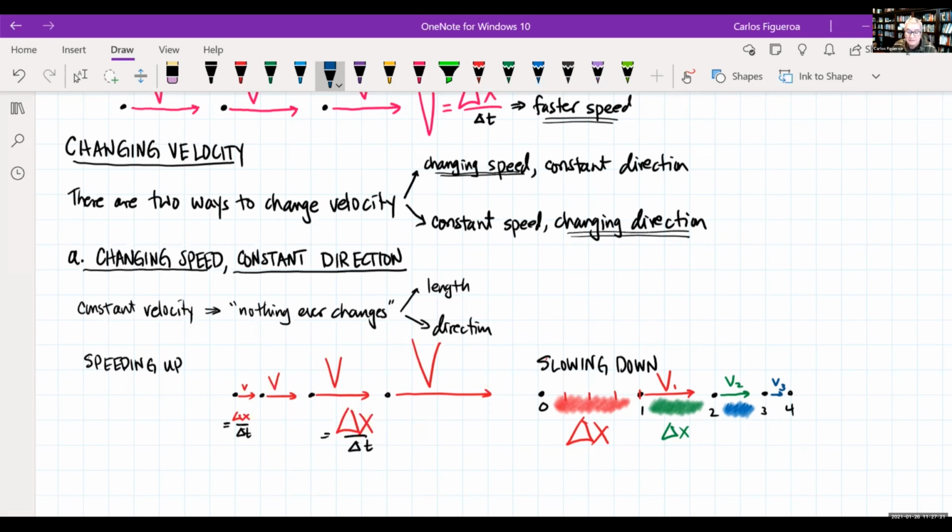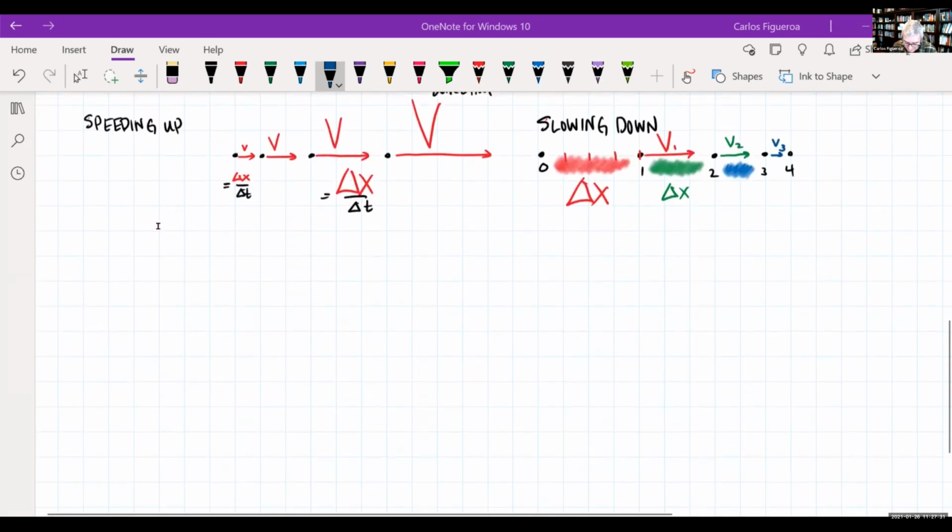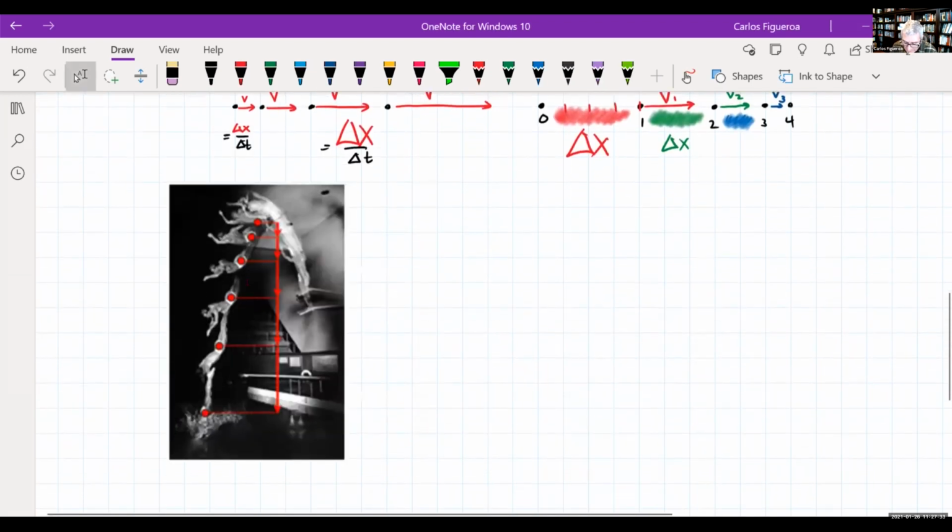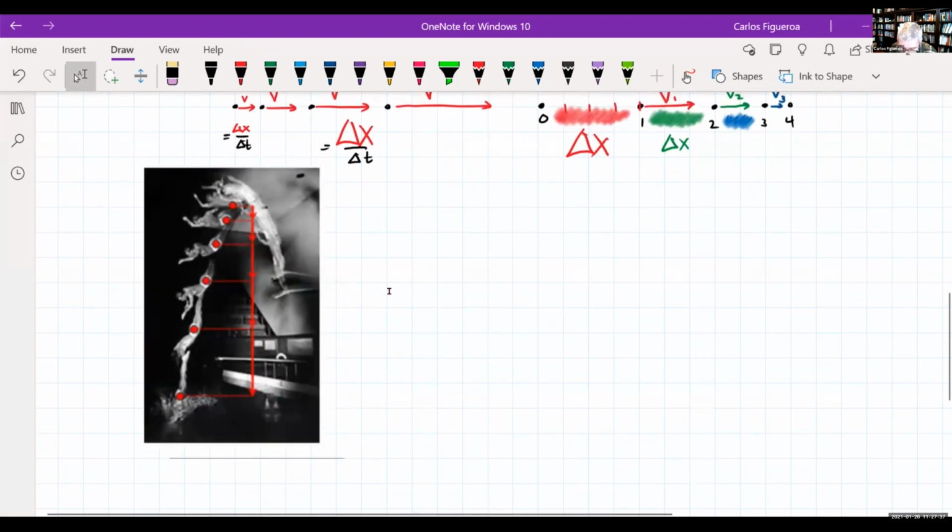One of the things that I wanted to do here is show you an image of this. Again, I went online and I did pirate the image. I had a diver, and I'm only looking at him roughly at the central peak.